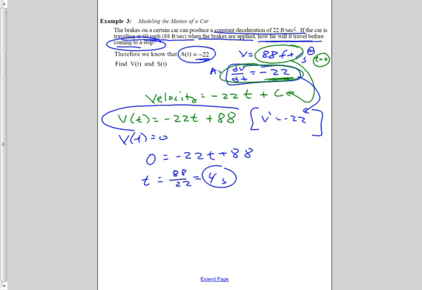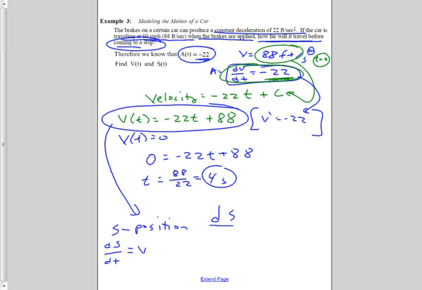Well, given my velocity equation, I could develop an equation for my position, because my position is related to velocity. The change in position with respect to time is my velocity curve. So I know that ds/dt, which is velocity, equals -22t plus 88.